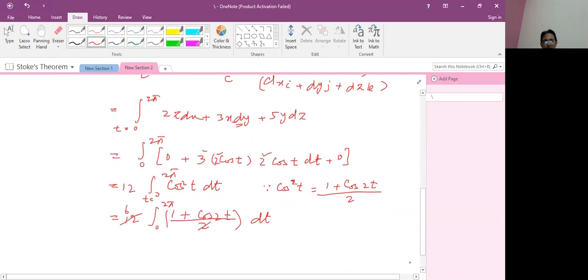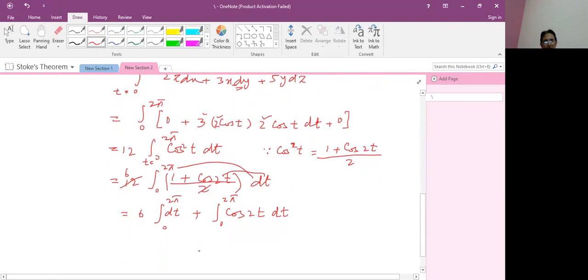Then we will integrate, multiplying the function dt into 1, which means dt, and cos 2t dt. We separate them, and in the next step we will integrate and apply the limit.